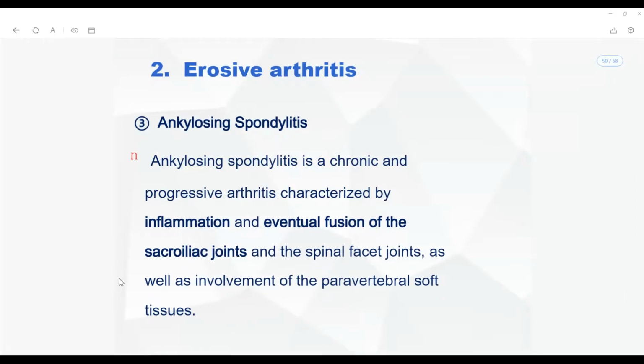Remember, ankylosing spondylitis is a chronic and progressive form of arthritis, characterized by inflammation and eventual fusion of particularly the sacroiliac joints. Sometimes spinal facet joints are also involved, or the paravertebral soft tissues.